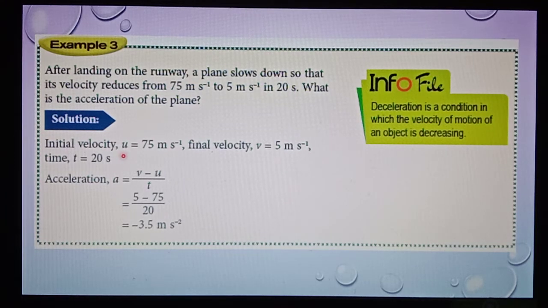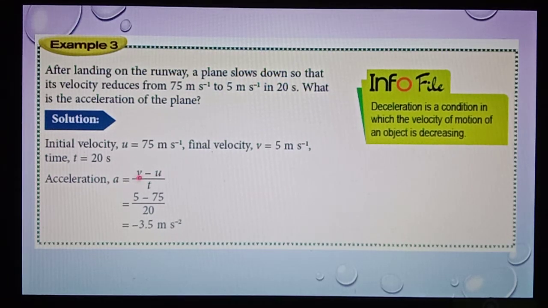For example, u equals 75 meters per second, v equals 5 meters per second, t equals 20 seconds. Then write the formula you want to use: a equals v minus u divided by t.